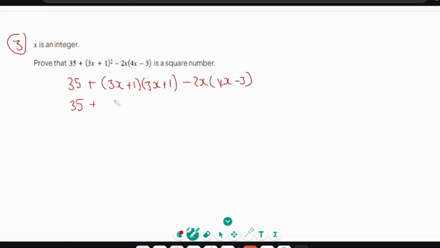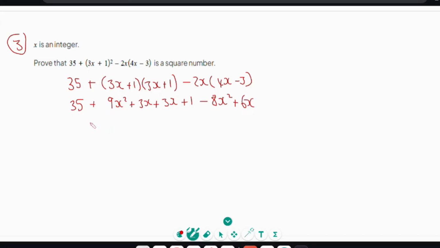Expand your brackets. Right, 2x times 4x. Now don't forget here, this is negative 2x times negative 3.